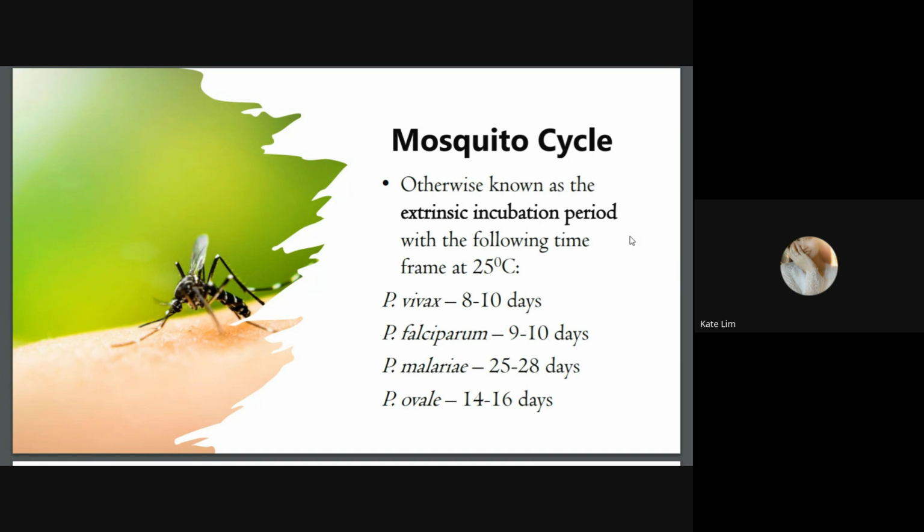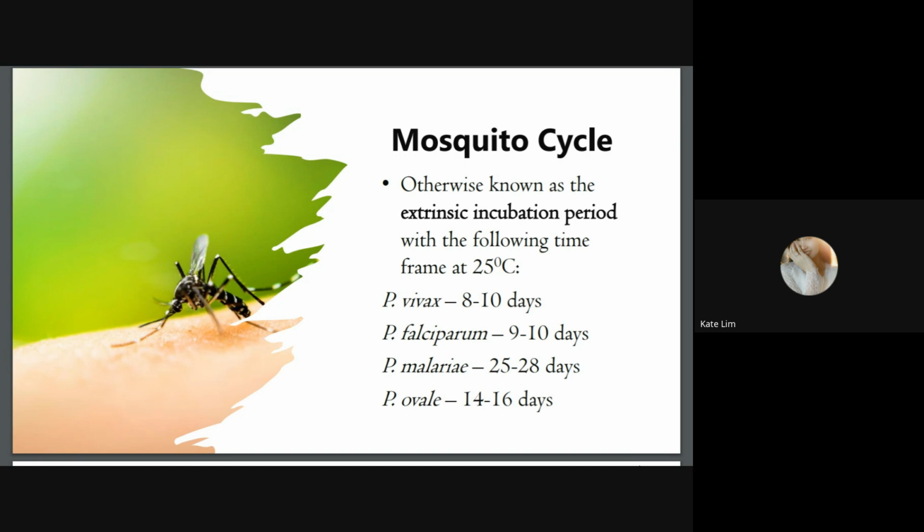So this extrinsic incubation period is the period between when the mosquito becomes infected with the Plasmodium parasite and when it becomes infectious to humans.